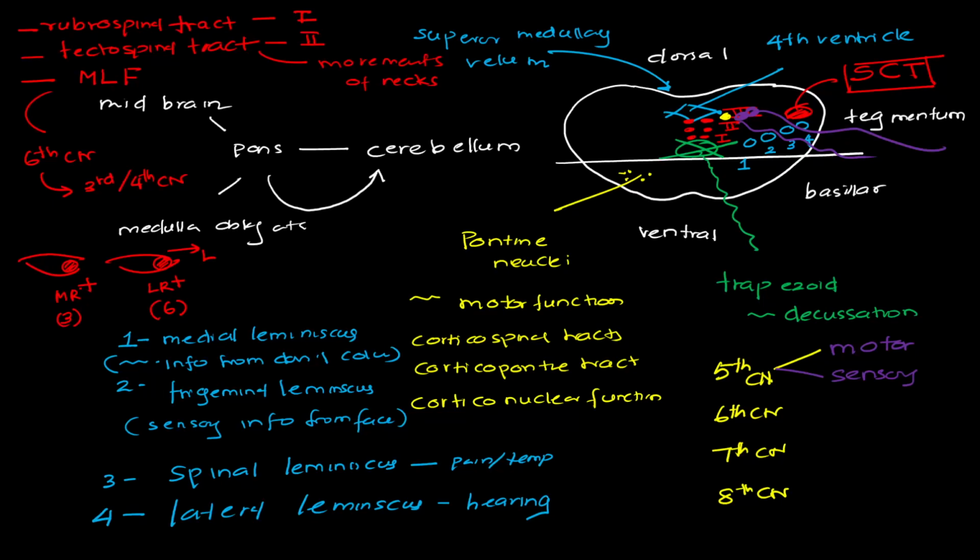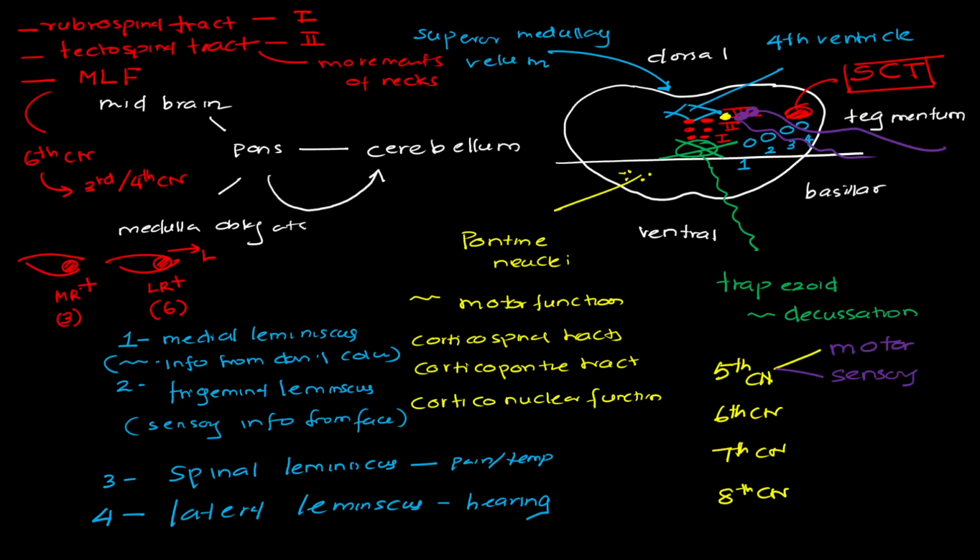face. So the sensory nucleus of the trigeminal is threefold. It consists of the mesencephalic nucleus, which is present in the midbrain, the principal nucleus that is present in the pons, and the spinal nucleus that is present towards the medulla oblongata as well as the spinal cord.